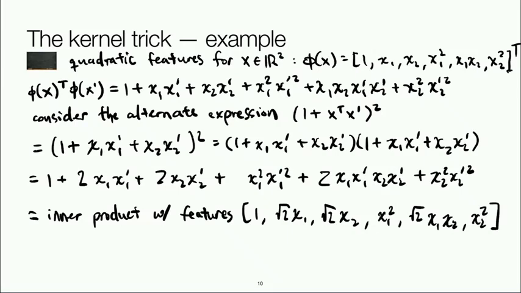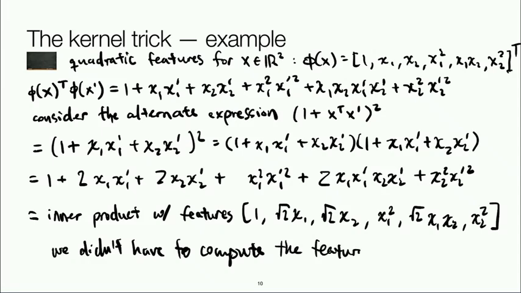So the key thing to note here, I'm going to write it out just so everybody is on the same page, is that we didn't have to compute the features explicitly.